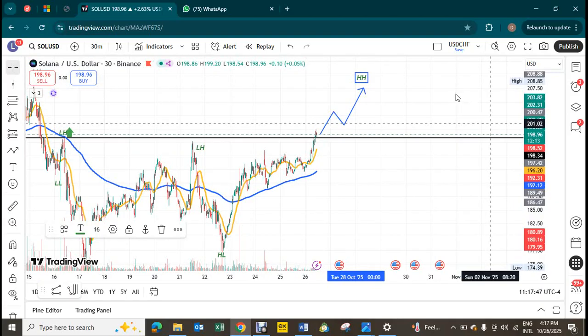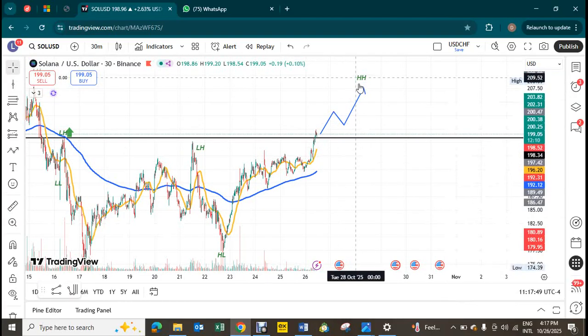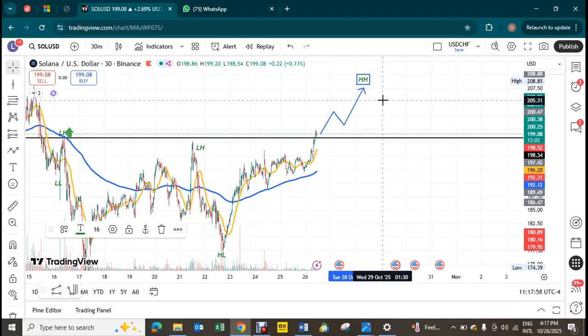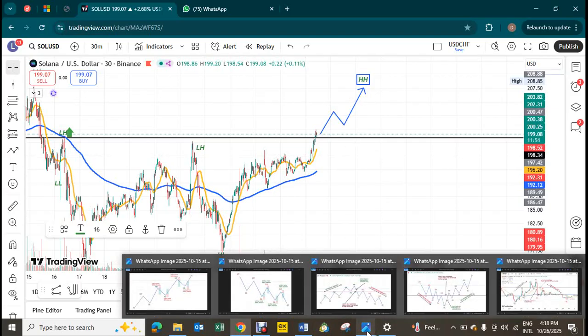That's going to be our first higher high, right? And when we get our first higher high, we'll start looking for a sell. Looking for sell positions, just as we have here.